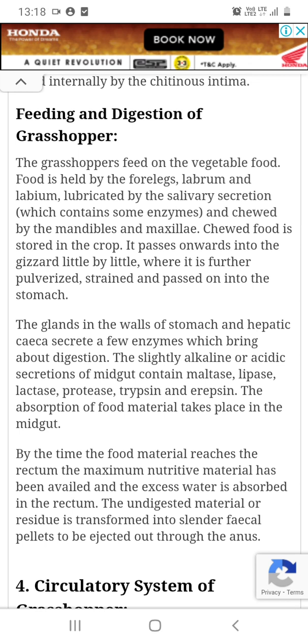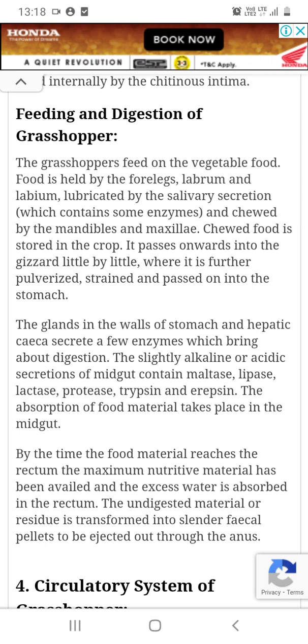The glands in the wall of the stomach and hepatic caeca secrete a few enzymes which bring about digestion. The slightly alkaline or acidic secretion of the midgut contains maltase, lipase, lactase, protease, trypsin, and pepsin. These are the enzymes which help in the digestion of carbohydrates, proteins, and lipids.